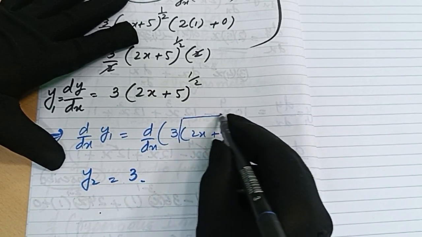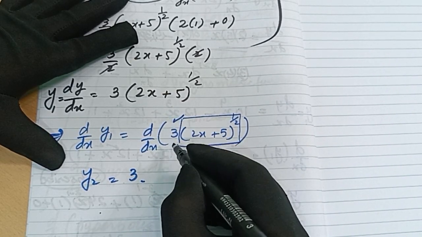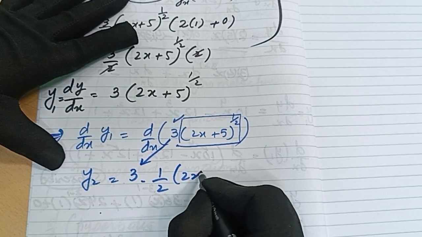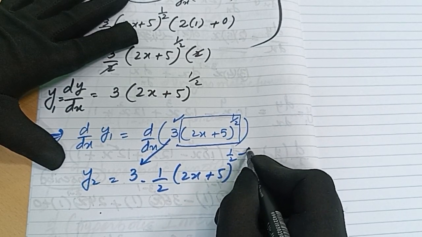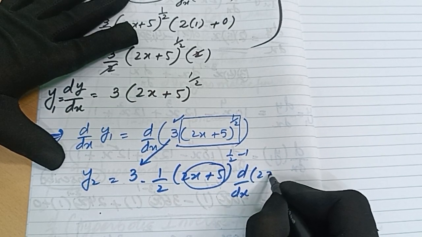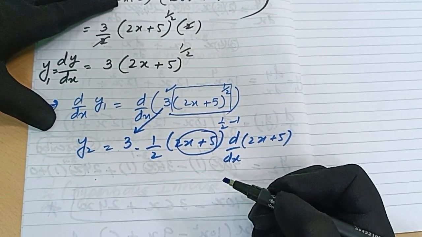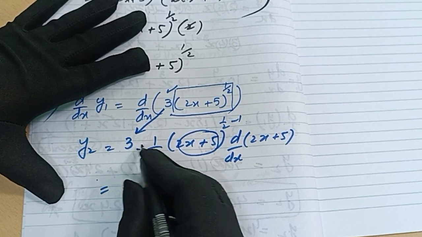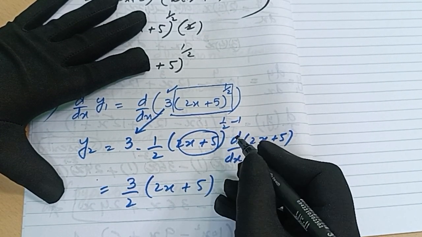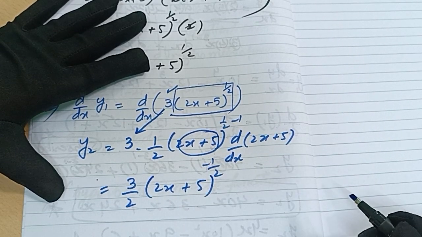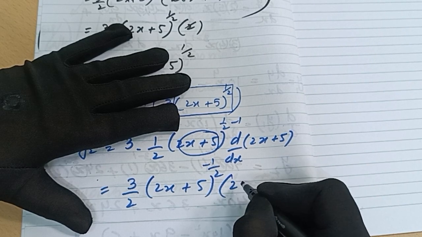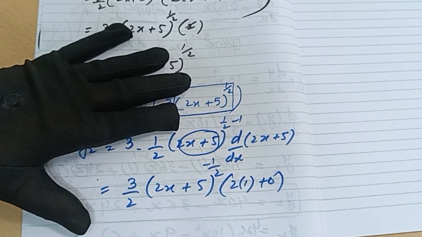Power in the start, power minus 1, and the derivative of the function inside the power, that is 2x plus 5. This becomes 3 by 2, (2x plus 5), 1 by 2 minus 1, which is minus 1 by 2. Half minus 1 is negative half. The derivative of this again is 2 times 1 plus 0.